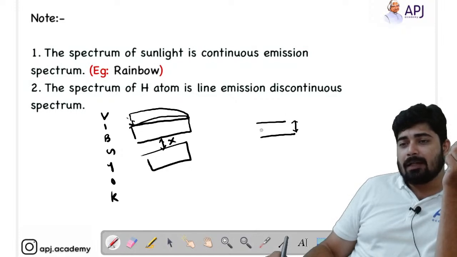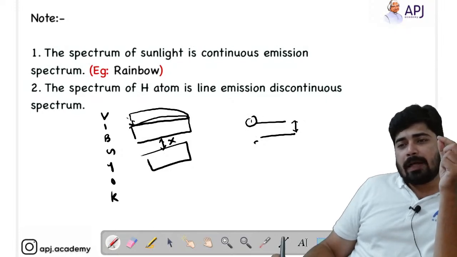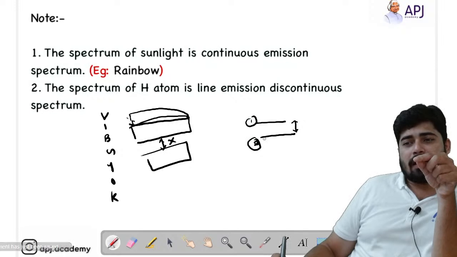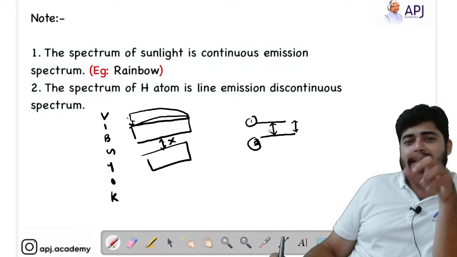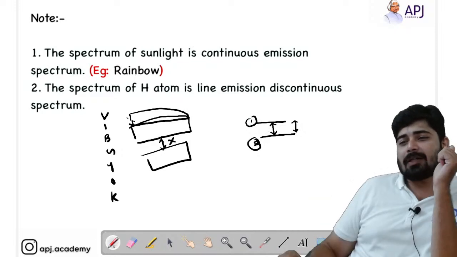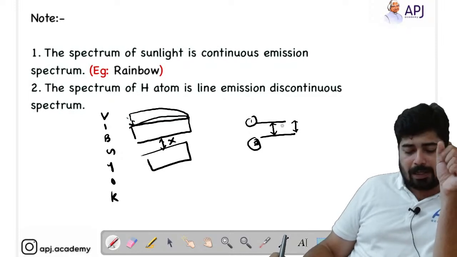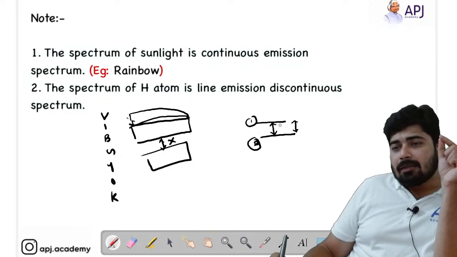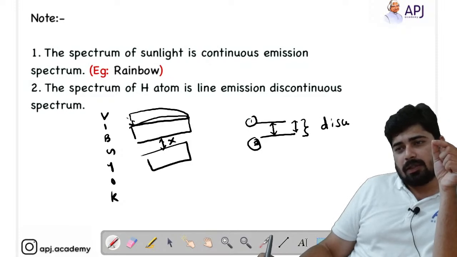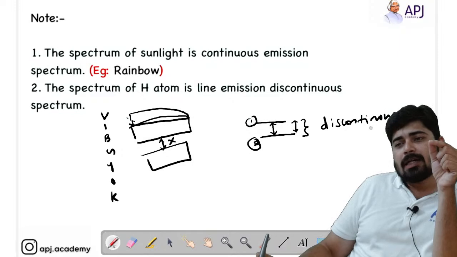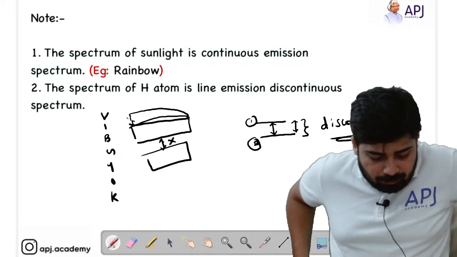So if I obtain one spectral line corresponding to a certain energy of radiation, and I obtain another spectral line of a certain energy of emission, then if the energies of both radiations differ greatly, we will see a proper gap between the two spectral lines, and that gap shows that the emission spectrum is discontinuous. It is not continuous, in fact it is discontinuous because there is a gap between two spectral lines.